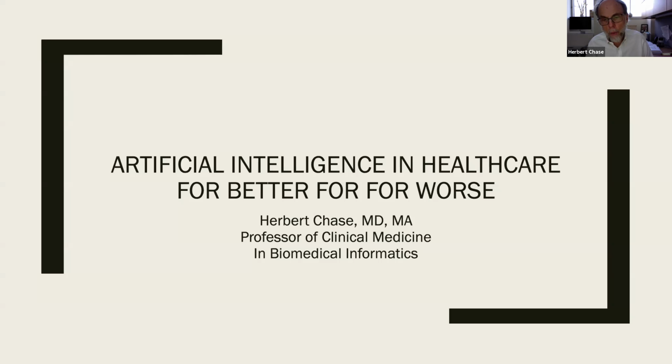Right now, we get sidetracked with all the little tasks that we need to accomplish on the computer. So theoretically, if the machine is operating in the background, it may free us, and we get away from spending time over the electronic health record and more time with our patient.